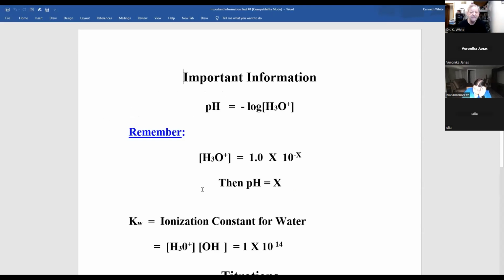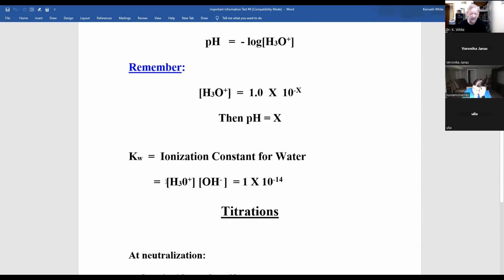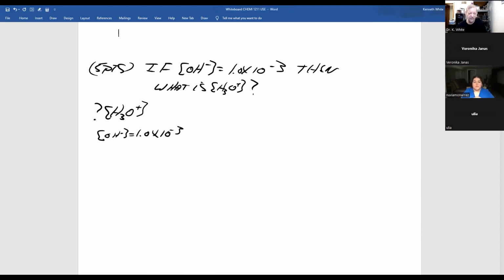The ionization constant of water is the hydronium ion concentration times the hydroxide concentration. Oh, I made a mistake here. It should be 1.0 times 10 to the minus 14. That you don't have to memorize. In the past, students would have to in my class. So we also know this.